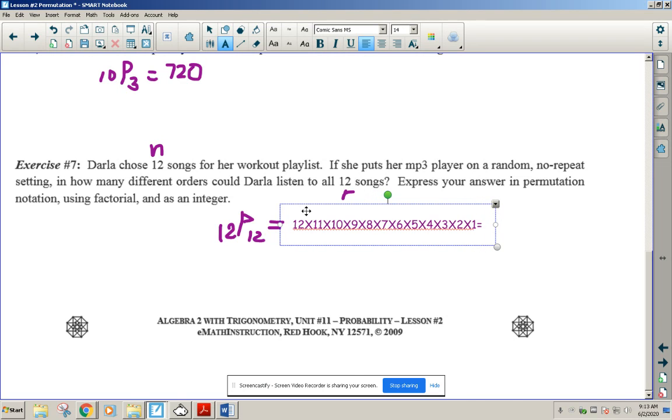Yikes. You type that in. I would type in 12 factorial, 12P12. You should have gotten 479,001,600. Yikes. 479 million different ways those 12 songs could be shuffled and played.